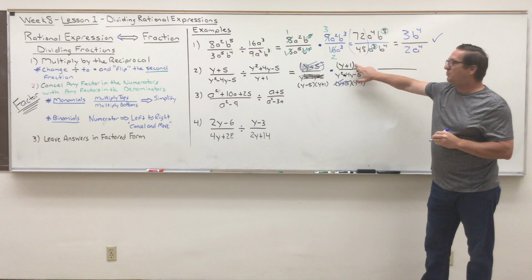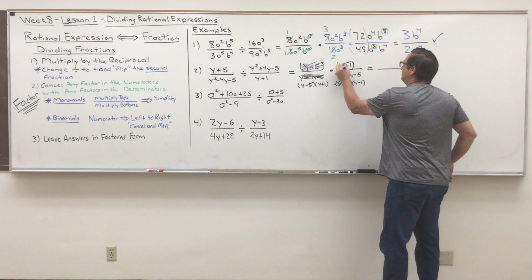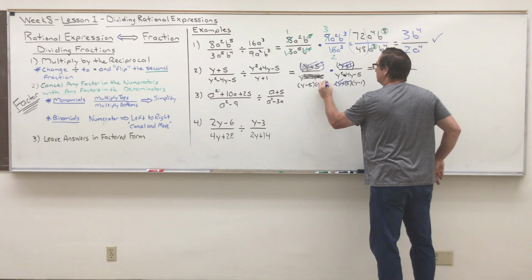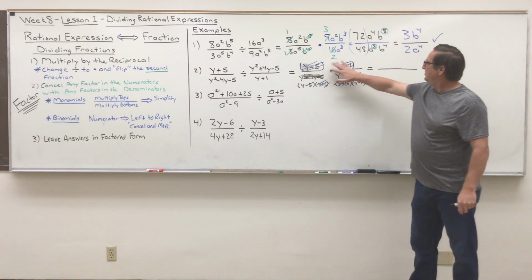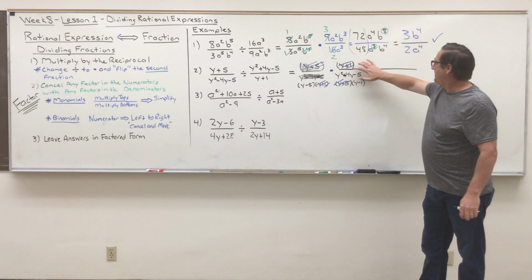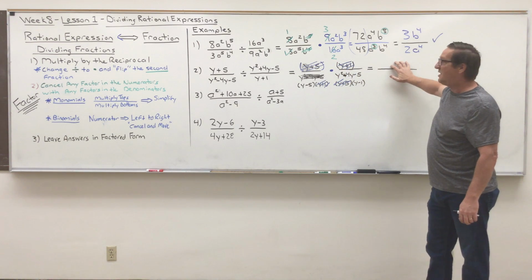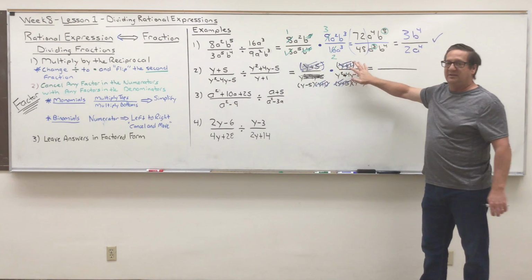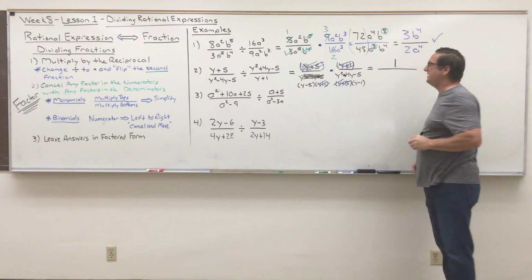I have a y plus 1 on top, I have a y plus 1 on the bottom. So there's nothing left at top, there's nothing that we moved over here, so when it's empty on top, what do we have to put? Okay, there's nothing left, so be careful, make sure you put in skinny friend.